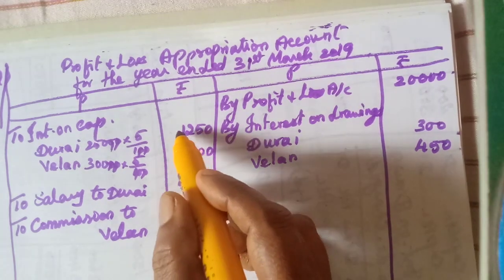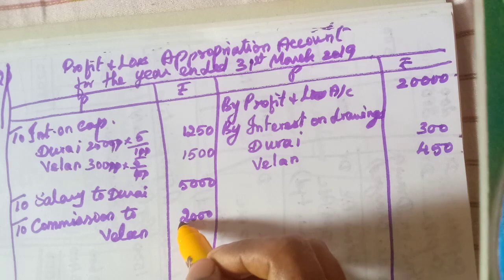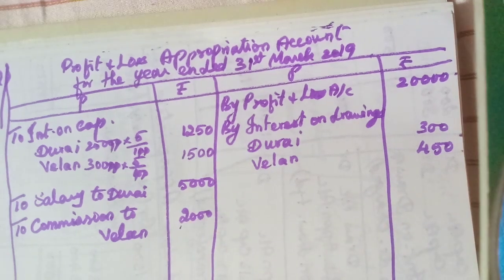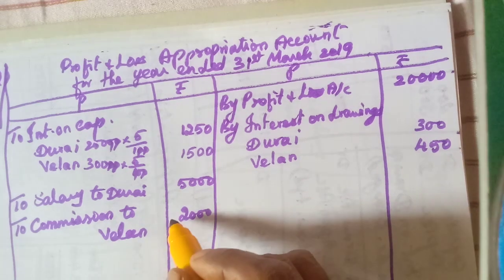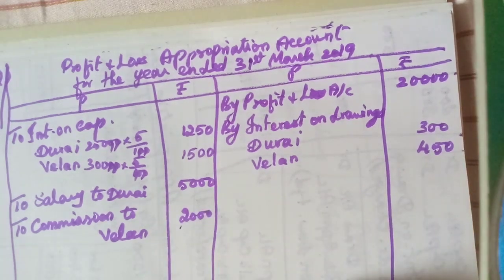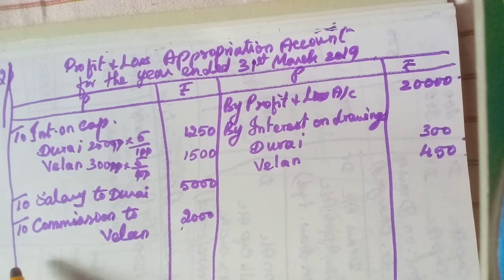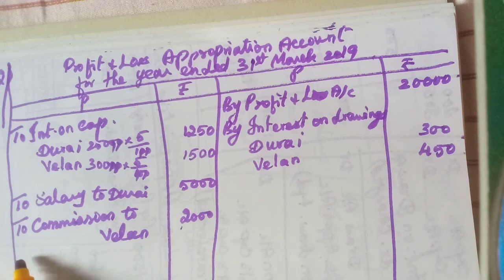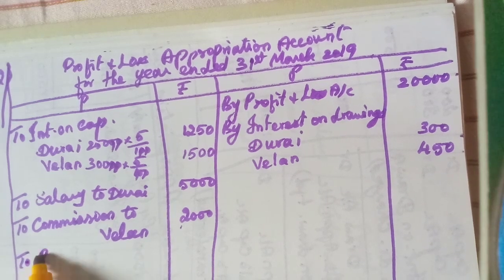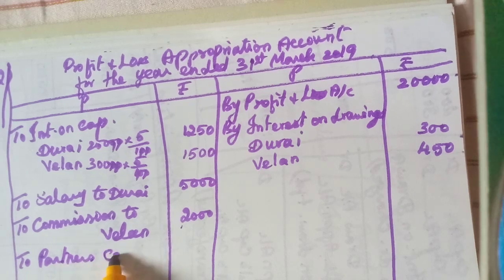Then fourth digit 2, 7, 9. 9 plus 1, 10. Balance 1, 1. Isn't it? So 11,000. So this 11,000, how we have to write? To partner's capital account. We have to credit the partner's capital account.